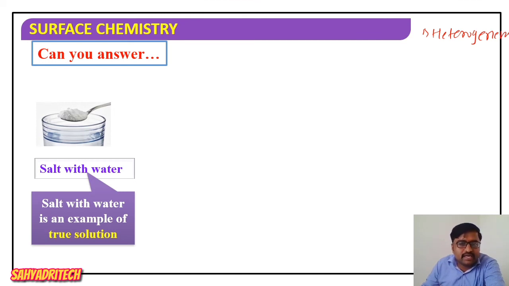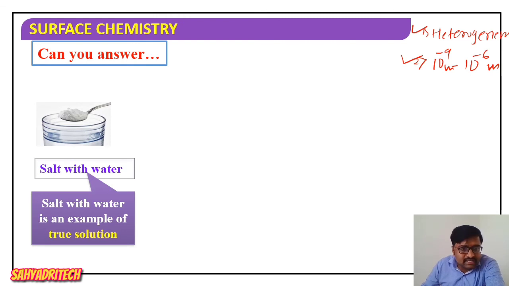A colloidal solution is a heterogeneous system in which one substance is dispersed as large particles in another substance. So to say colloid, first it must be heterogeneous, and second, particle size. What is the particle size? 10 raised to minus 9 to 10 raised to minus 6 meter. These two criteria must be there to say colloid.